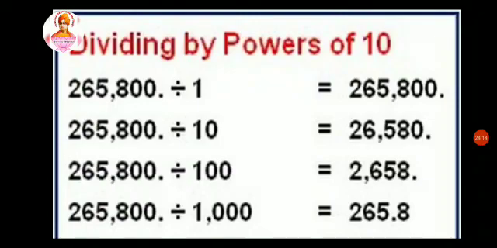When you divide the number by 100, the decimal point will move two places to the left, so 2,65,800 will change into 2,658. If you divide the number by 1000, then the decimal point will move three places to the left, so 2,65,800 will change into 265.8.